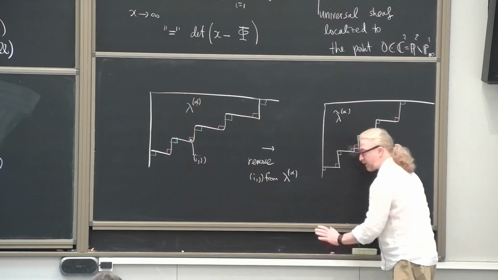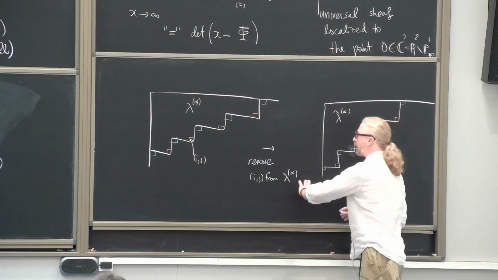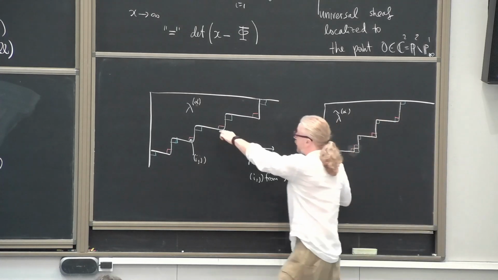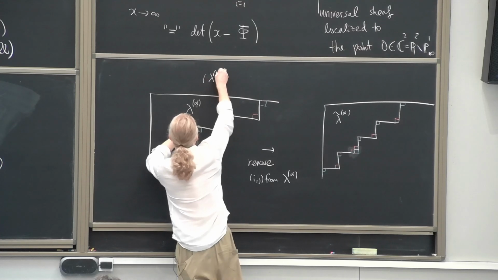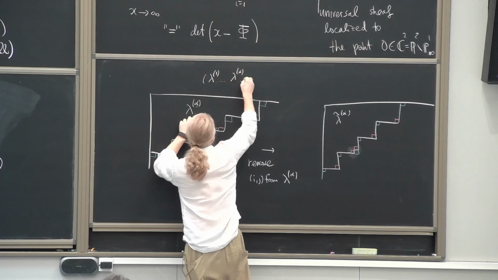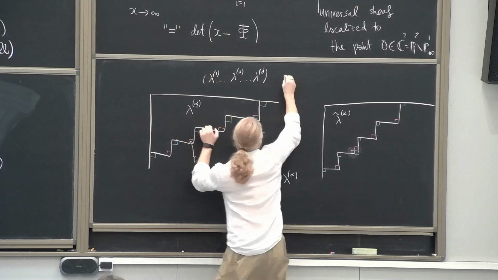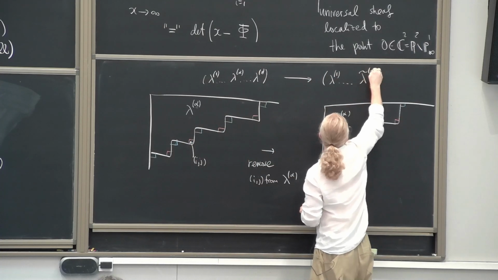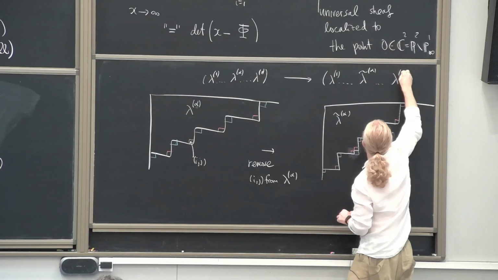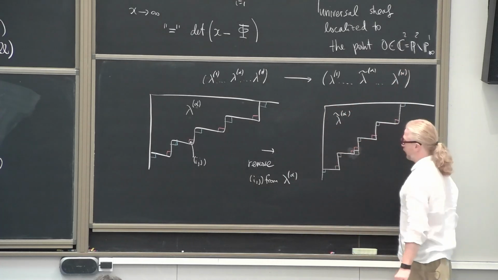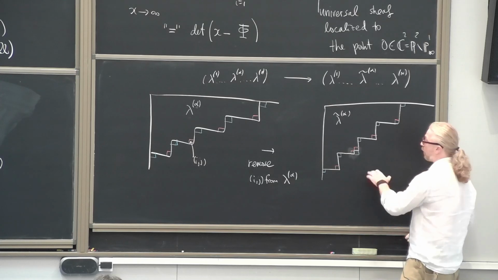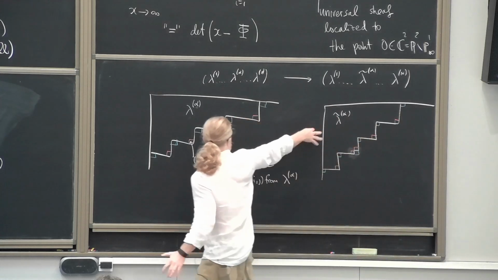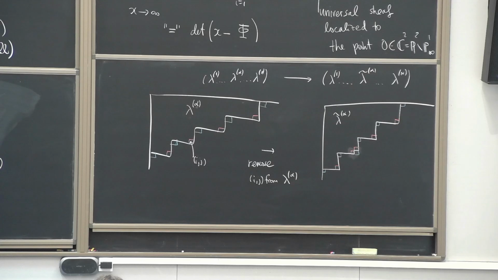When I say that I'm removing, I'm saying that to a collection of this type, I can associate another collection where at the place alpha, I replaced lambda alpha by lambda alpha tilde. Of course, the contribution of that diagram to these expectation values is finite. It has no pole at this point.